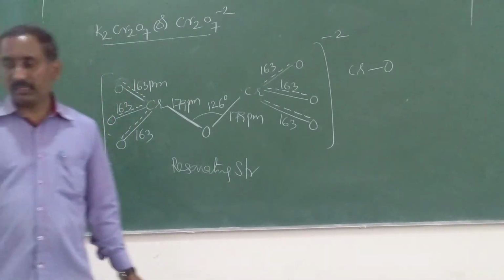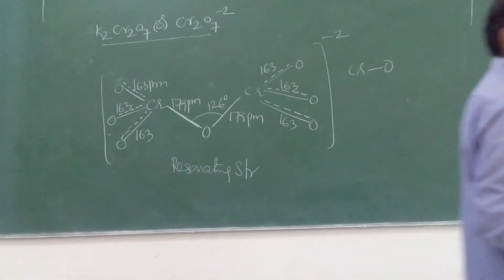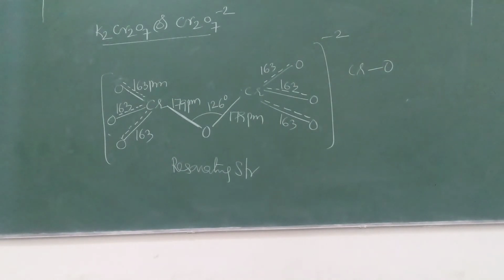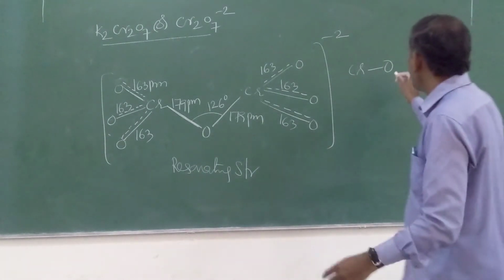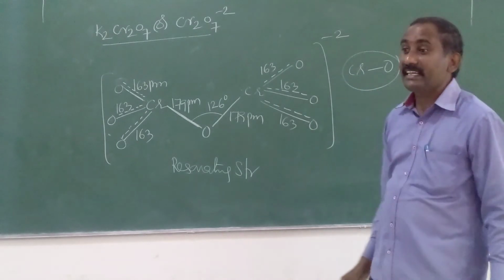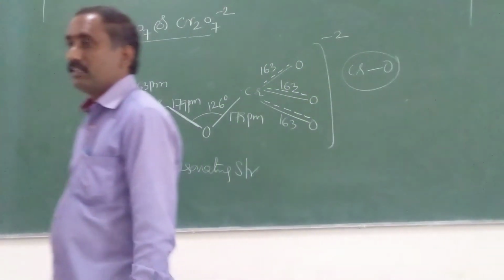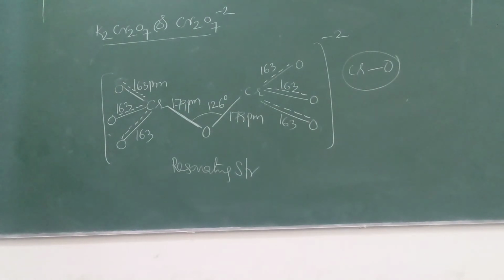Below that you have to write down note. Put 2 stars. Due to resonance, in dichromate, 6 Cr-O bonds are equivalent.